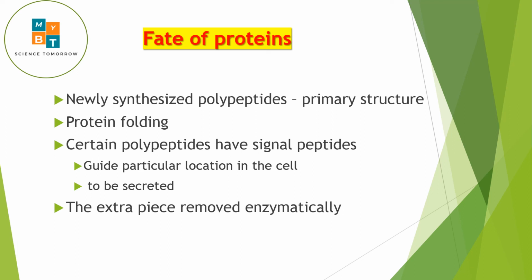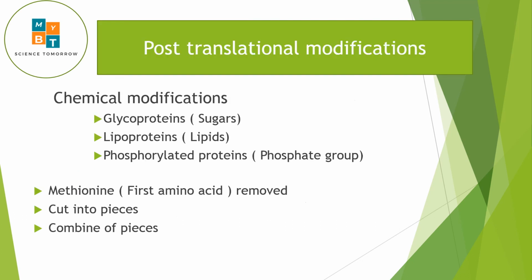Also, every protein starts synthesis with AUG, which is methionine, so that methionine part should be removed. That happens as post translation modification. It's a chemical modification, and sometimes your protein will be cut into pieces. Sometimes these pieces may be combined. Those are post translation modifications.